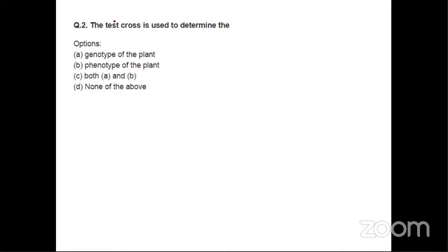Right? Good. What is the use of the test cross? It is used to determine unknown genotype. Right? Unknown genotype of a dominant phenotype. A will be the answer.